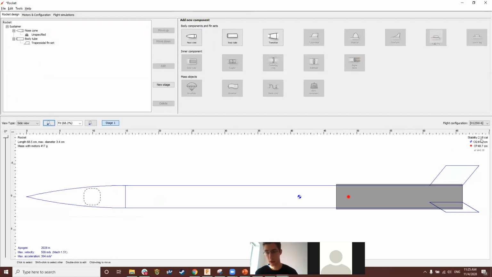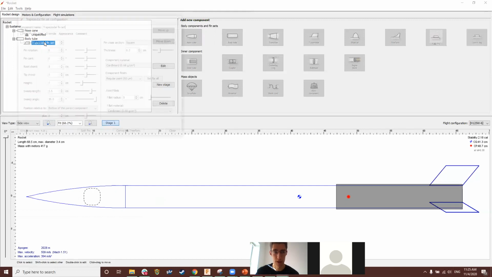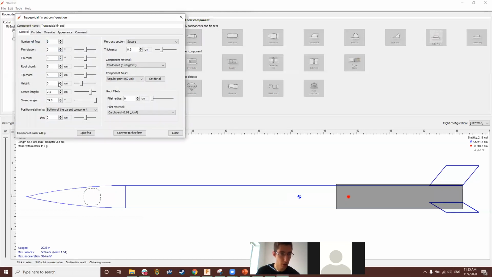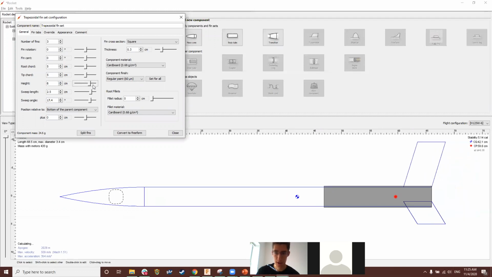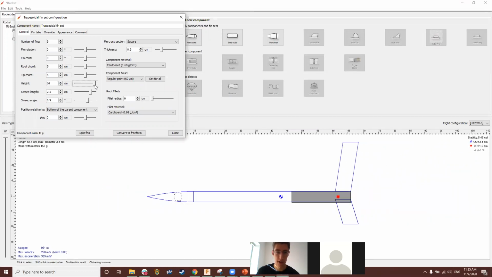That's a very good stability. That's even better than you need. That's more than you wanted. So yeah, you play with all those things. If you want to increase your stability, you could increase the height of your fins, but keep in mind, the bigger the fins are, the greater the chance of breaking them is.